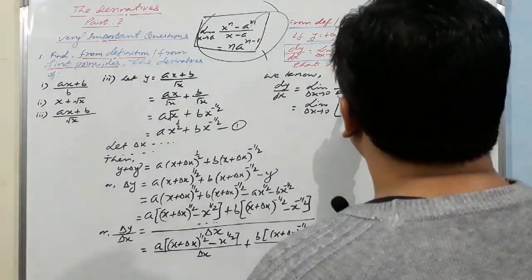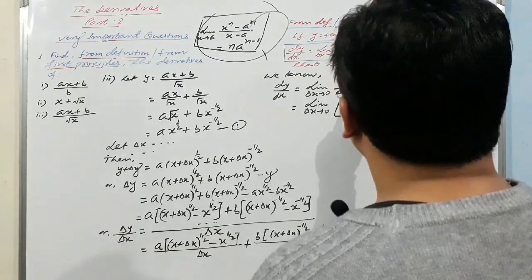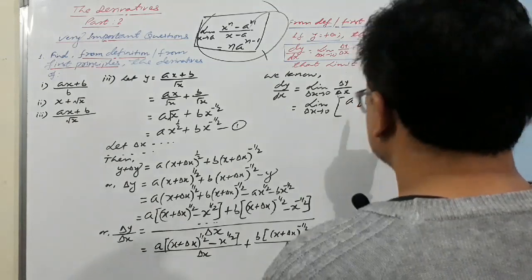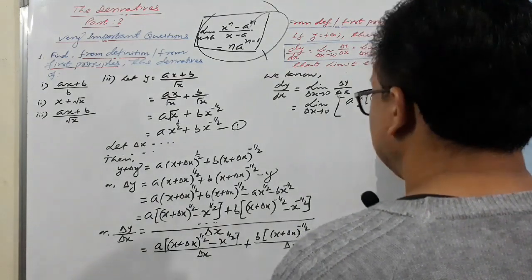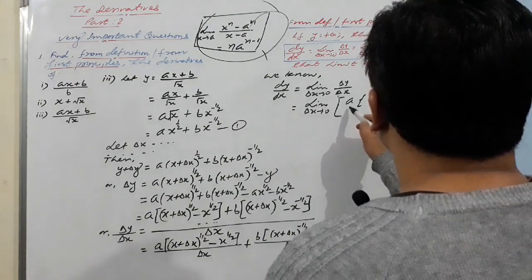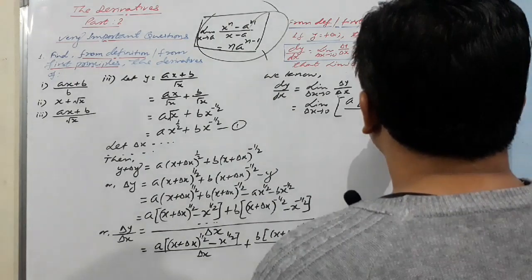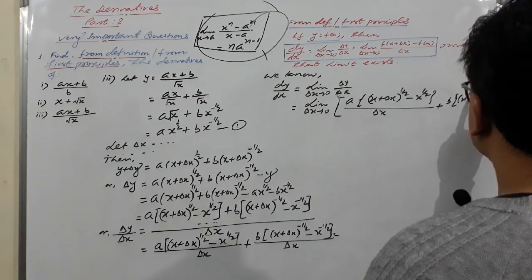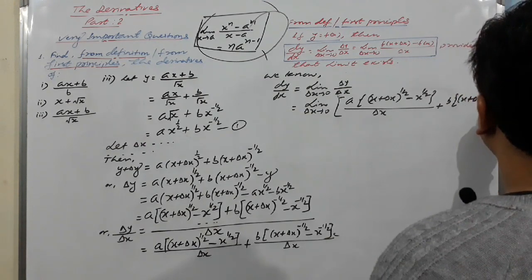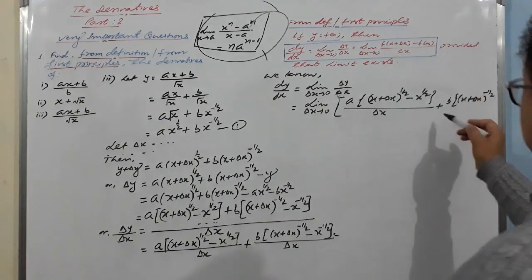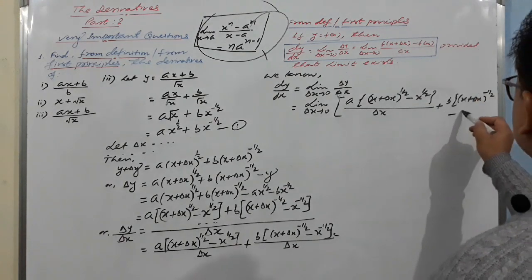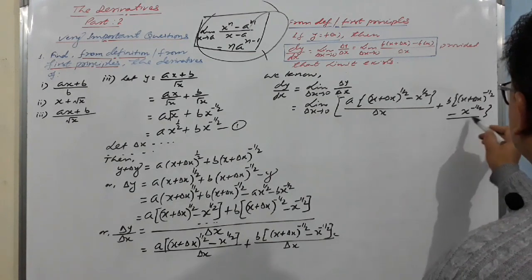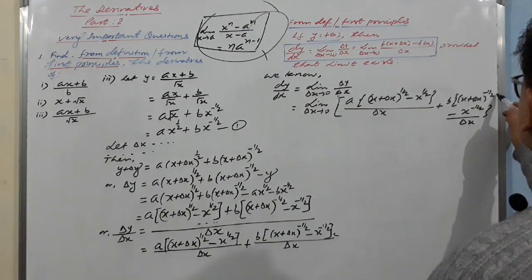Let me write it down. Here, a times (x plus delta x) to the power 1 by 2 minus x to the power 1 by 2 over delta x, plus b times (x plus delta x) to the power minus 1 by 2 minus x to the power minus 1 by 2 over delta x. Because of lack of space, I should not have written it this way.